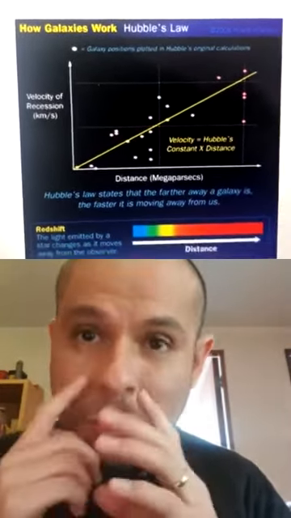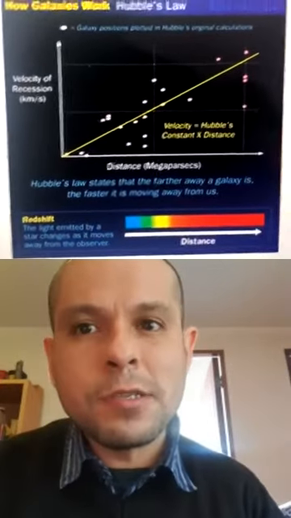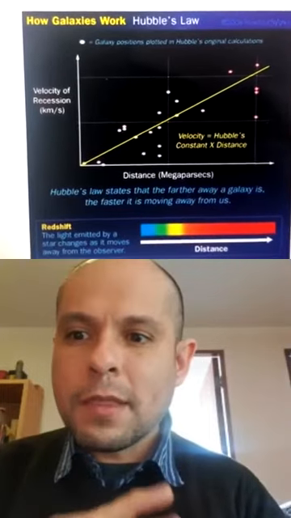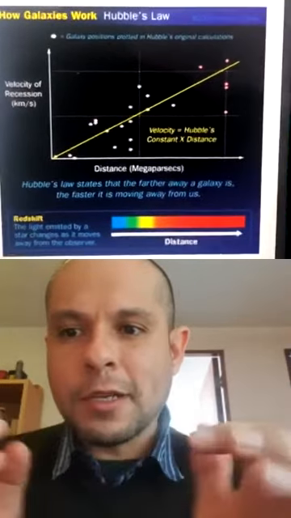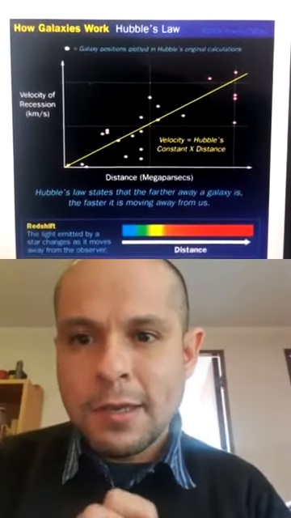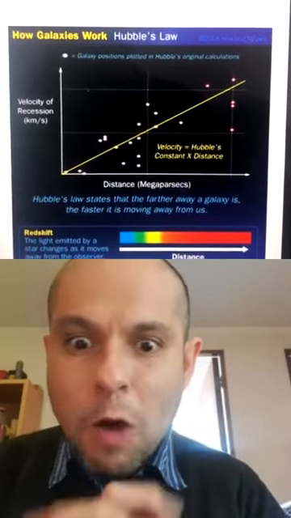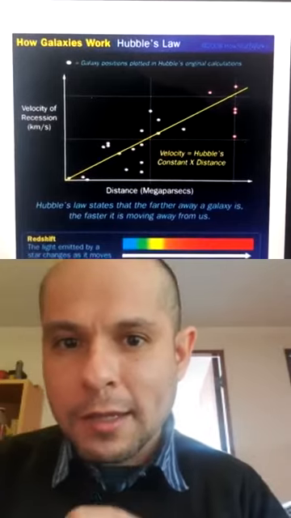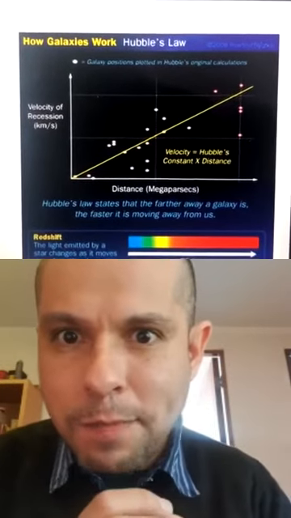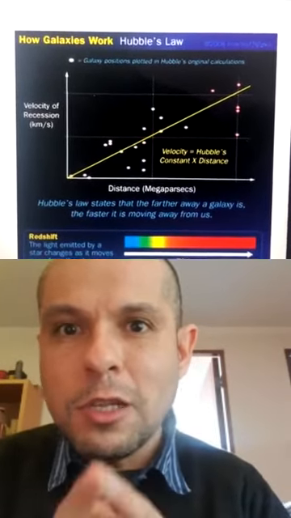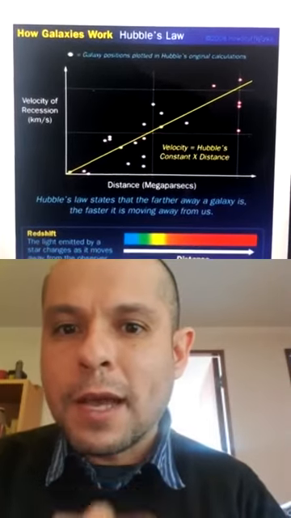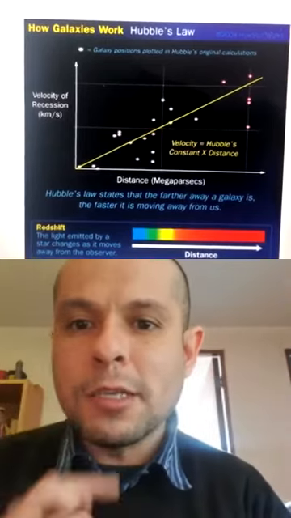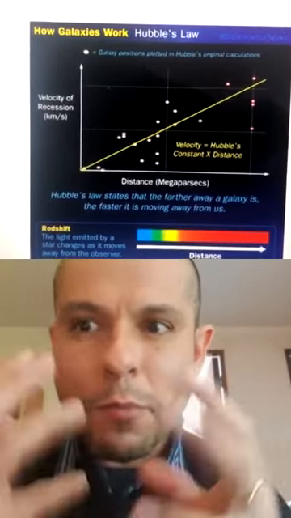This method is called the Cepheids method. Cepheids are pulsing stars, where the period of the pulsation is related to how bright they are. So he knew how bright these pulsing stars in the galaxies were, so he knew how far they were, and he measured with the Doppler effect the velocity at which they were moving.